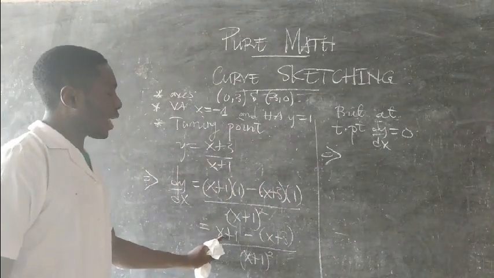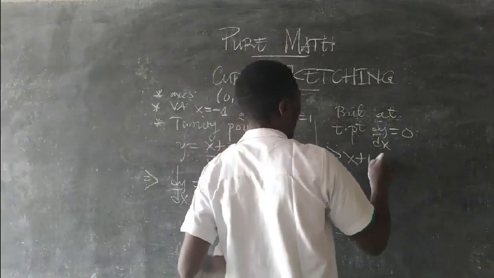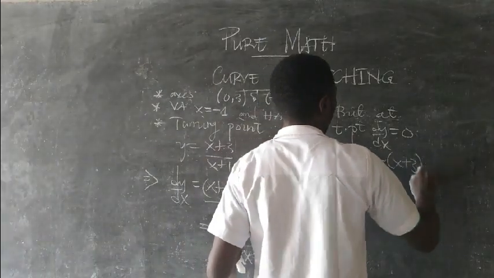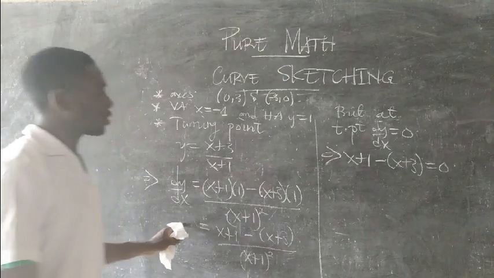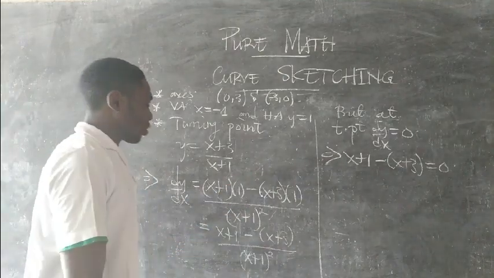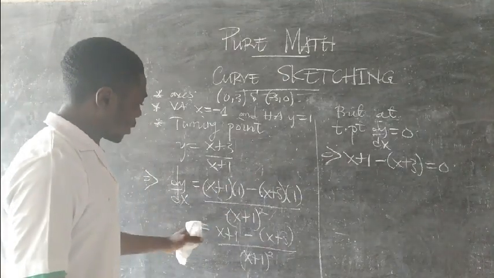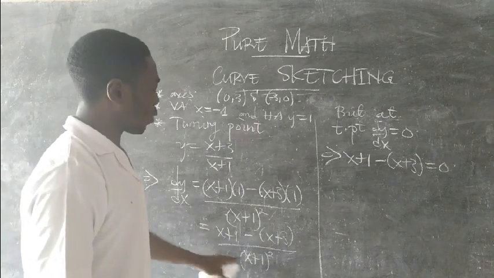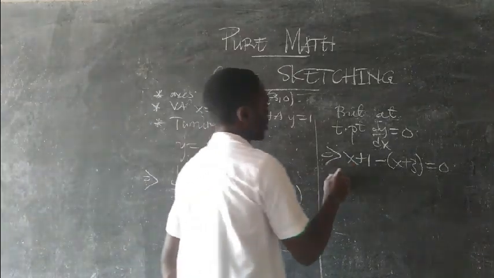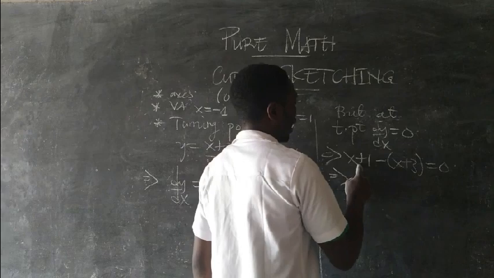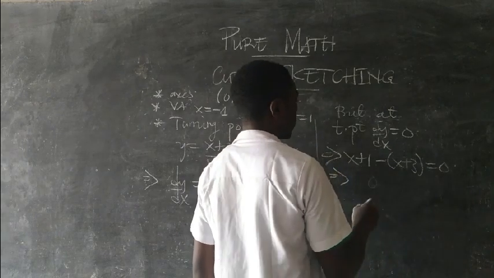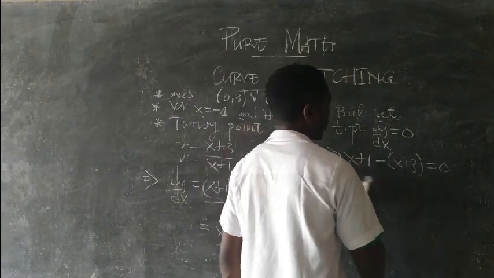So it implies that (x + 1) minus (x + 3) is equal to 0, because the denominator multiplied by 0 gives us 0. So we're left with this: x minus x gives us 0, and 1 minus 3 gives us negative 2, equal to 0.